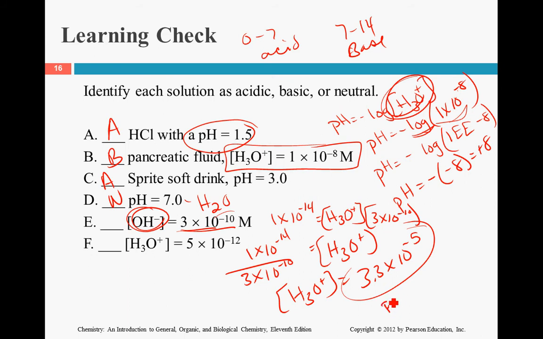So pH is equal to negative log 3.3 times 10 to the negative 5. Negative 4.5 is the answer. So pH is equal to 4.5. That is in the acid range.